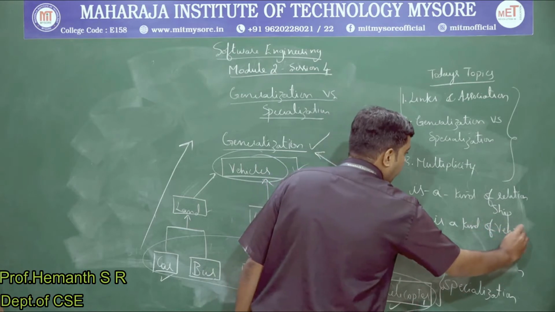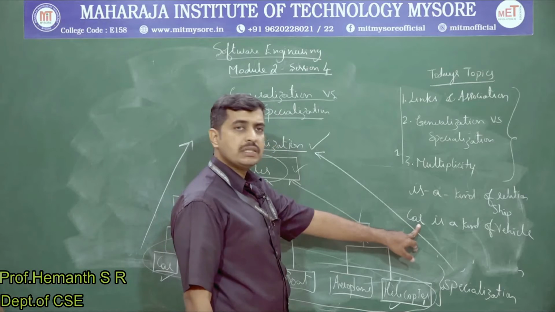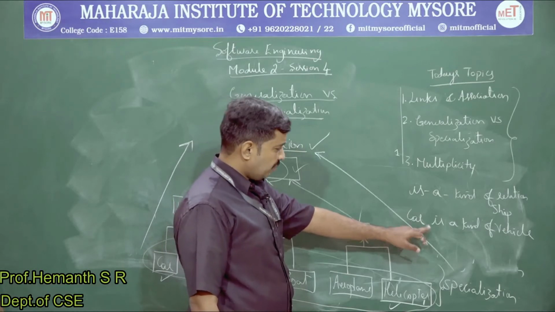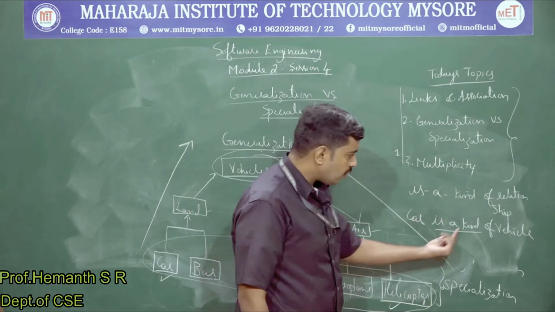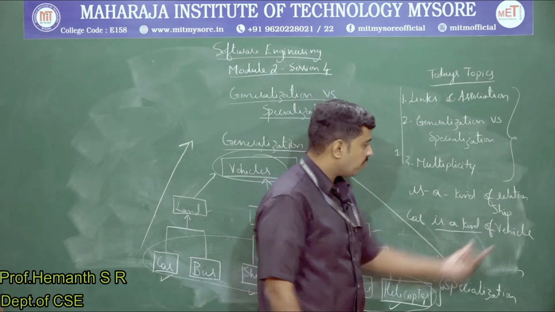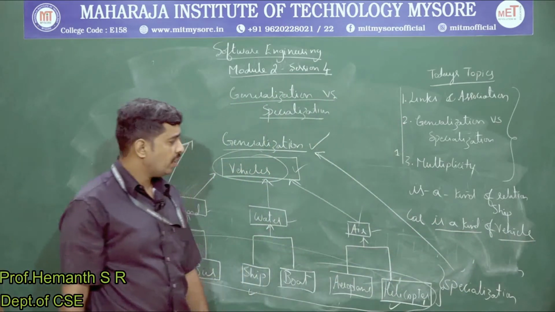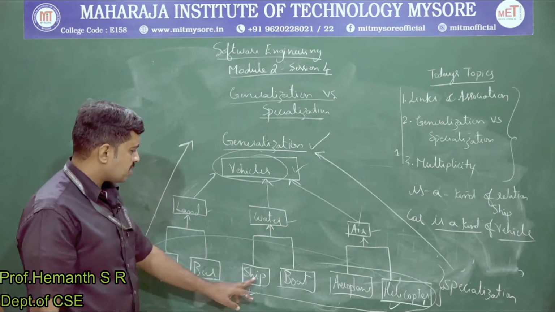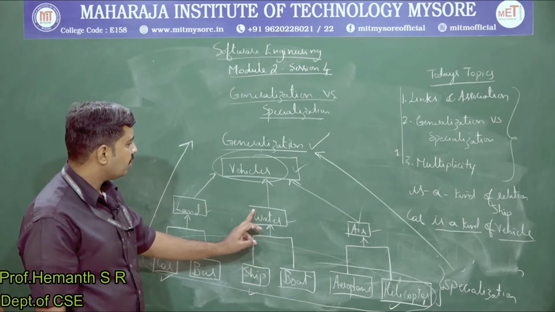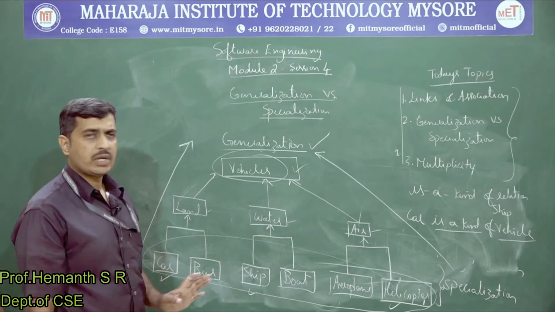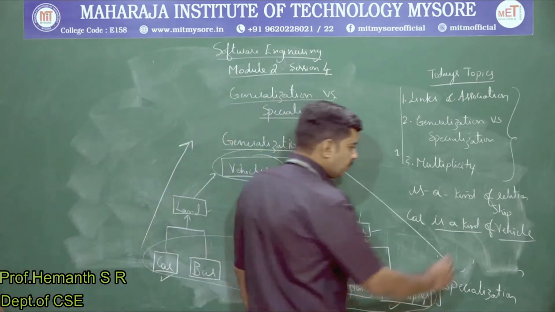Vehicle. So we can see the subclass car is being indicated as being a kind of vehicle. That is the relationship here. In similar lines, ship is a kind of vehicle moving in water, and car is a kind of vehicle moving on land.